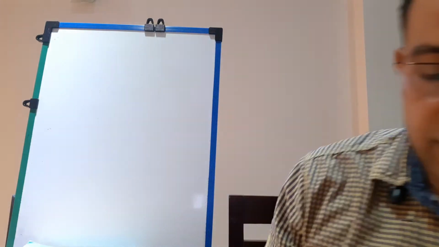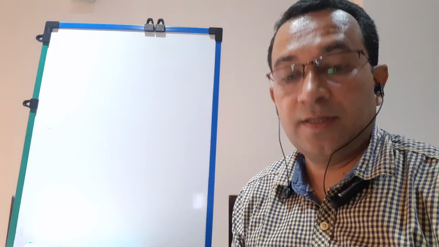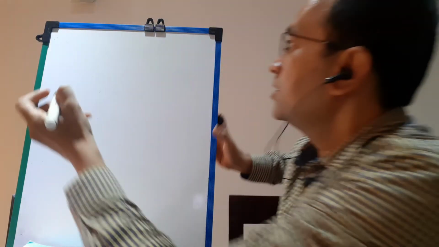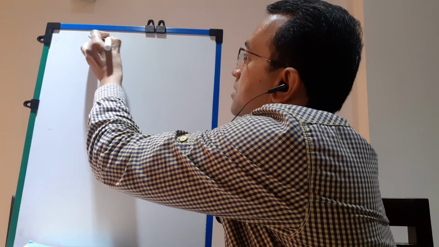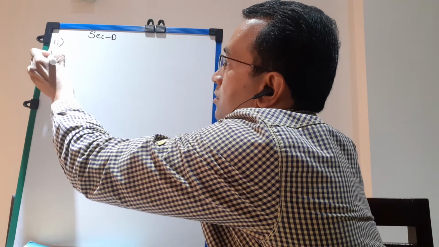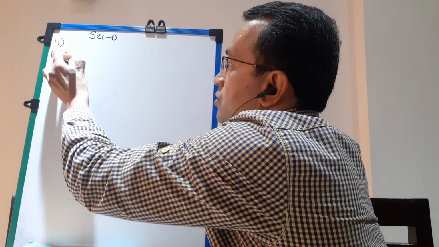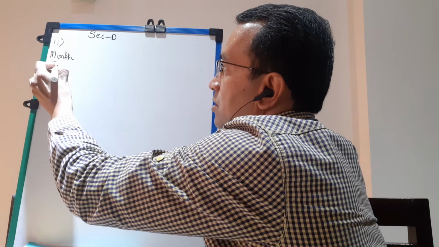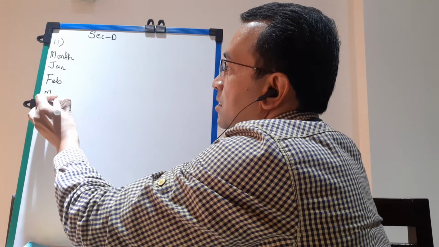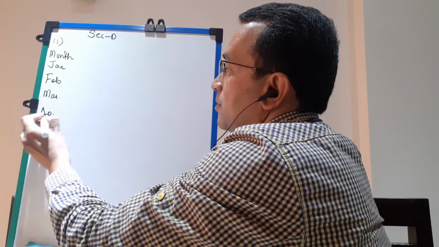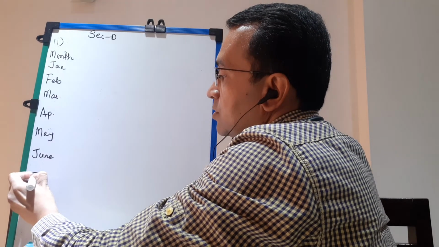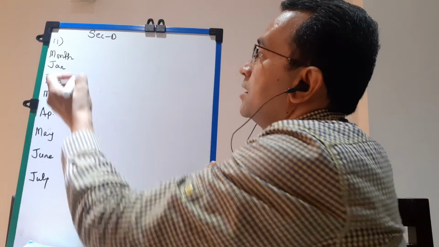Now students, the months are given. January, February, March up to July. So let us write in short. Section D, question number 11. Month, that is of no use in the sum, so I am writing in short. January, February, March, April, May, June and July.